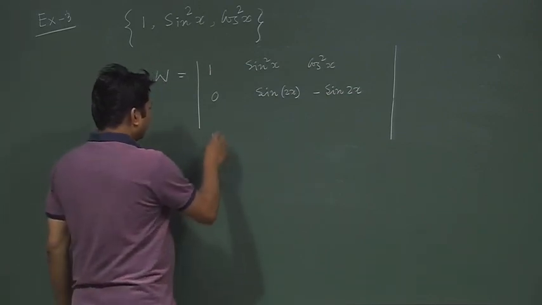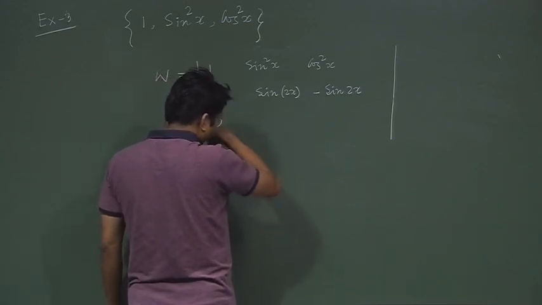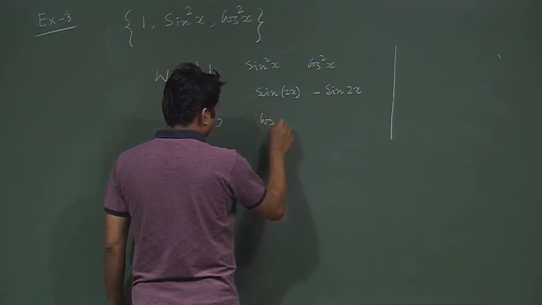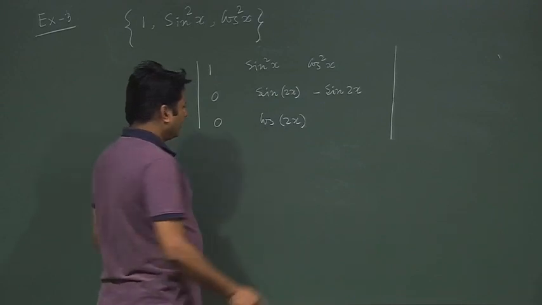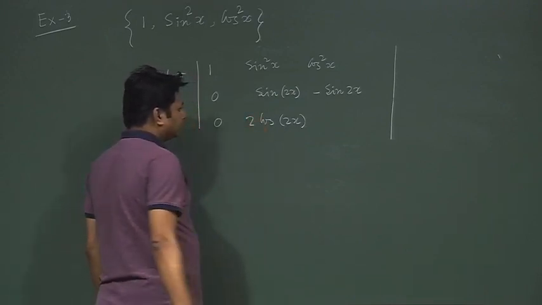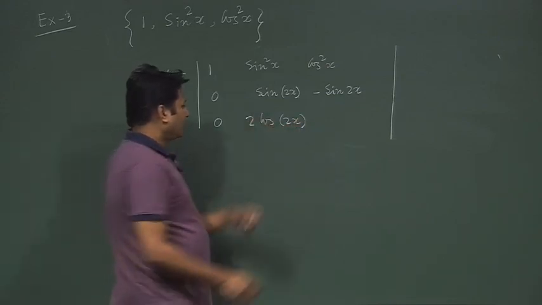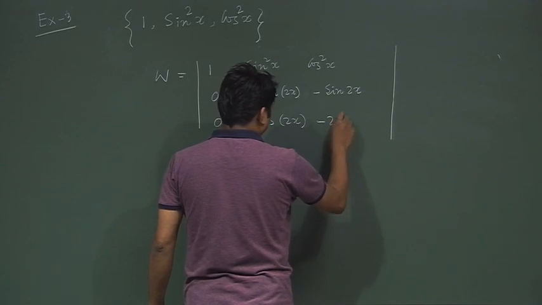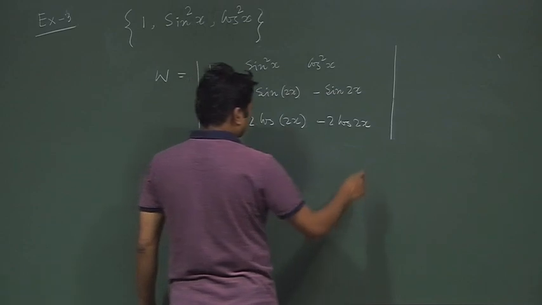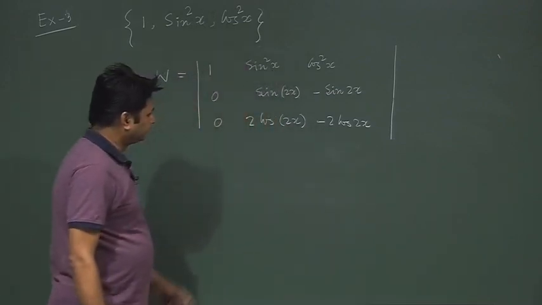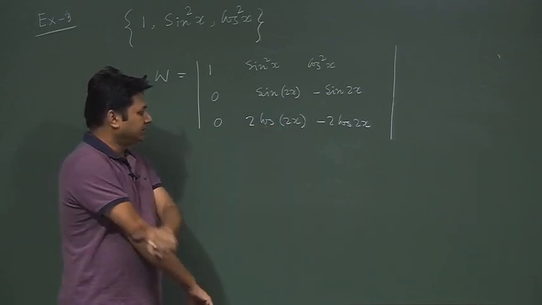Now, if I take the derivative once again, it will be 0 here, this quantity is cos of 2x with a 2, and this quantity is minus of 2 cos of 2x, with the derivative of 2x giving another 2.